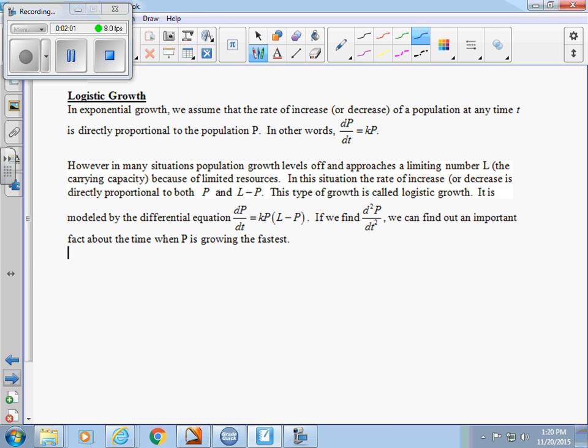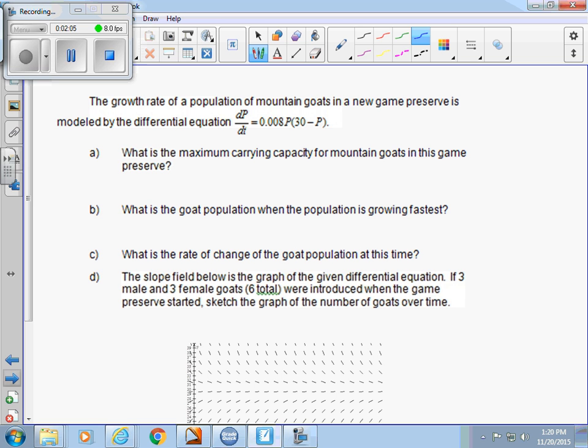There are a couple of things we're going to look at. This is the logistic growth equation. Now sometimes they will have us solve it. You'll notice this is the bell ringer. Other times I'll have us answer other questions about the logistic equation. And so the first question that is asked often is, what is the maximum carrying capacity of the situation? So this one is mountain goats.